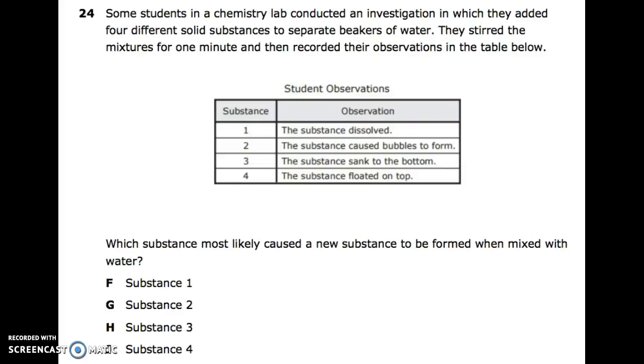Substance 2, the substance caused bubbles to form. Substance 3, the substance sank to the bottom. And 4, the substance floated to the top. Which substance most likely caused a new substance to be formed when mixed with water? F, substance 1, G, substance 2, H, substance 3, J, substance 4.